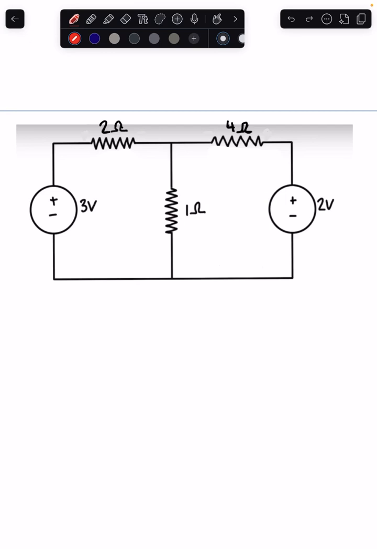So I1 will be formed by the 3 volts battery, then I2 from the second battery, positive side, going through the branch. These two currents will be added together in node A, forming I3. So I3 equals I1 plus I2.